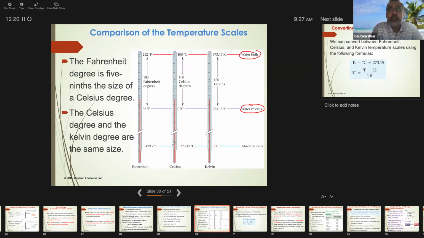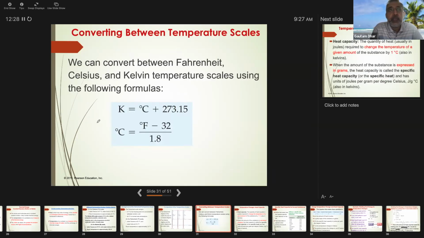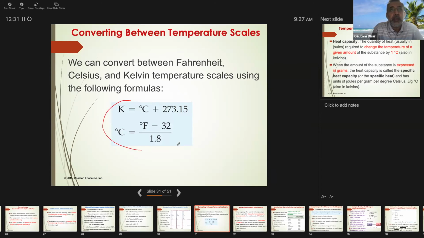So we can use this as a conversion factor, and after you do that, you basically get these two important formulas. These two you need to memorize: centigrade to Fahrenheit, and you can use it back to get Fahrenheit to centigrade, and then Kelvin. Now, this is how we can interconvert between temperature scales.